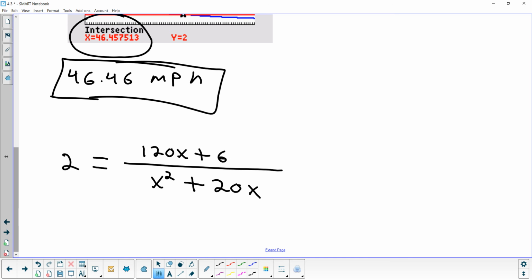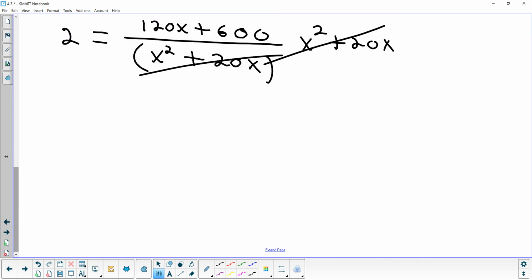So, first thing we'd want to do to solve that is we don't want to have a fraction. What could I multiply both sides by so that I can get rid of that fraction? Yep, x squared plus 20x. Let's multiply both sides by x squared plus 20x.